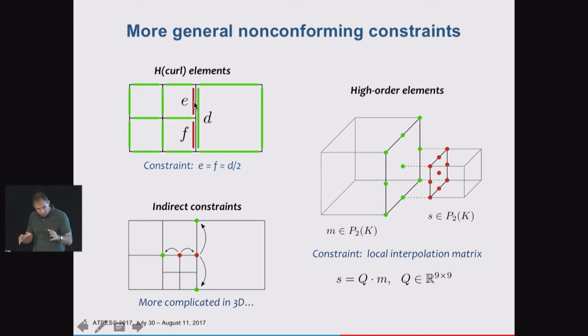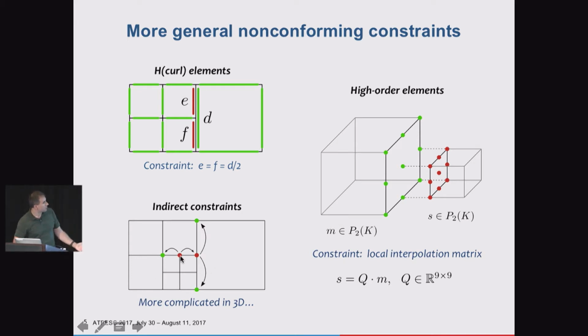So in general, this is what happens here. When you have a coarse-fine interface, the fine degrees of freedom on the coarse-fine interface are slaved to the coarse degrees of freedom on that interface. Because you can't have both of them to be true, and the coarse is the more general one.